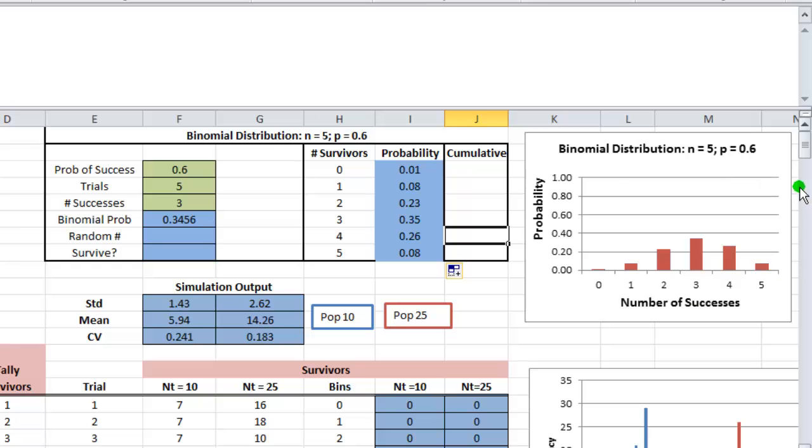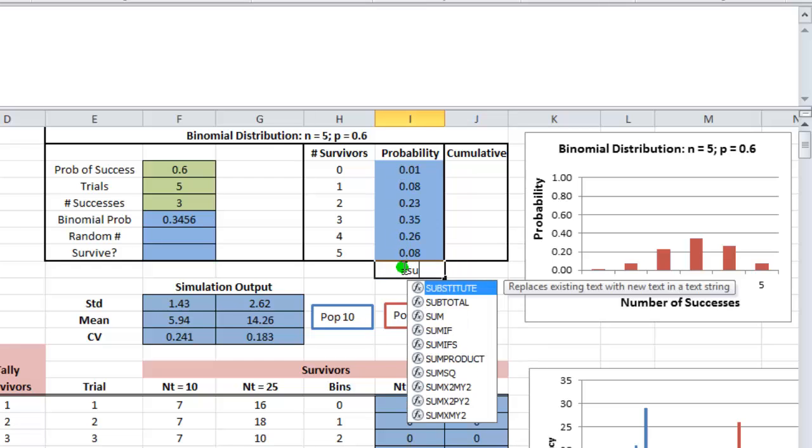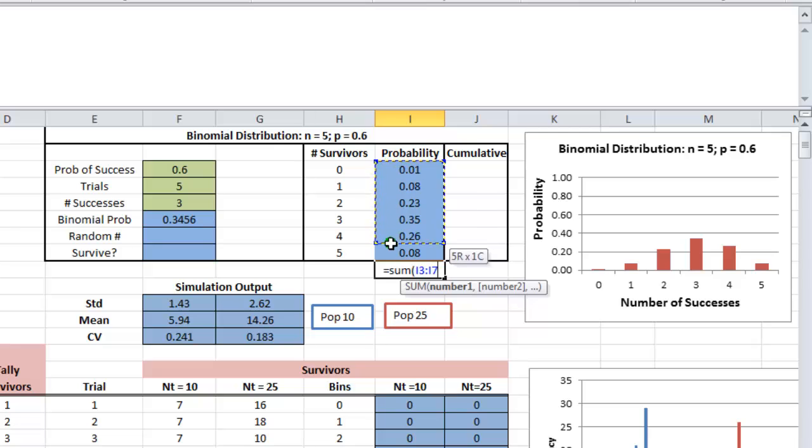So this distribution looks at all of the possible outcomes that can happen when we have 5 individuals in the population. And if you add all of these values up, you should see that they must sum to 1. So let's prove that to ourselves, and you'll see that they do sum to 1.